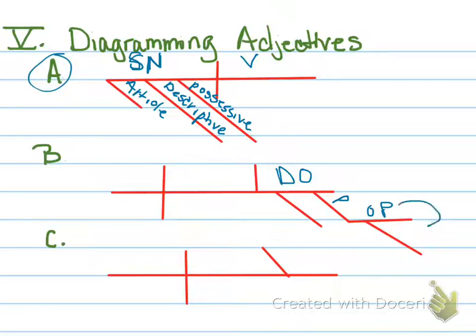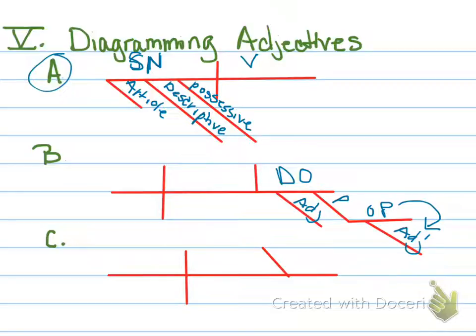And that object of the preposition is getting some description using an adjective as well. So basically you'll put it under the line of the noun that it's modifying.